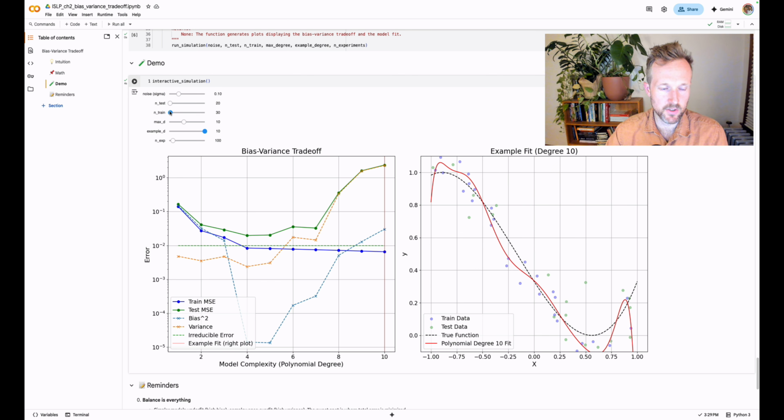Okay, so then we can also mess around with some more parameters. Actually, what else is in the plot that I haven't discussed? So the red line is the example fit. That's the degree polynomial that we see the example of here. And then the green line is the irreducible error. The bias and variance are here too, right? Obviously, we gotta have those.